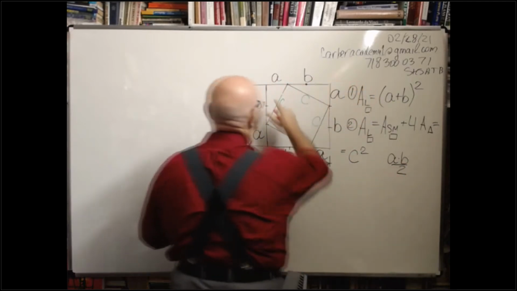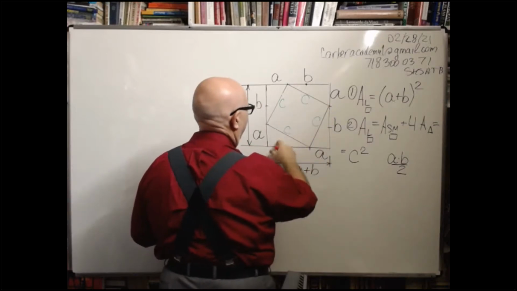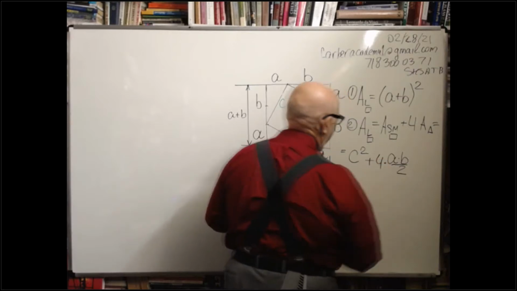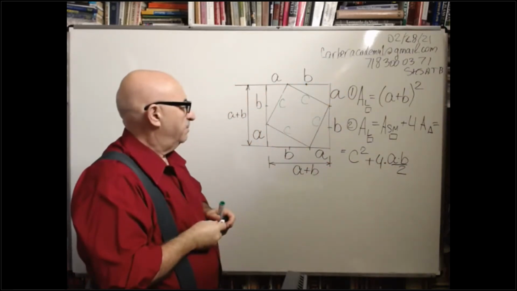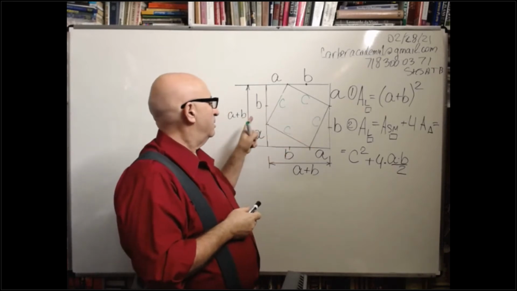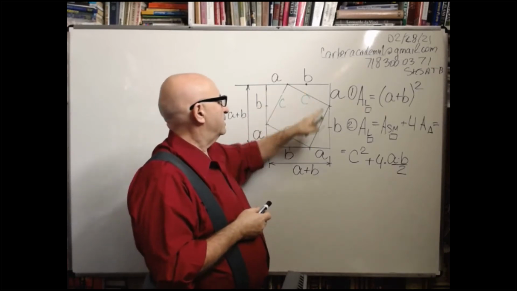And multiply by 4. 1, 2, 3, 4. What is written here? Area large equals this area small plus 4 areas of triangles.